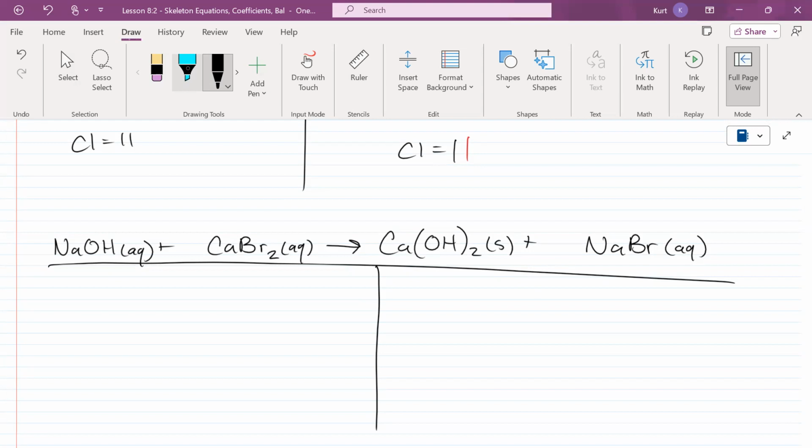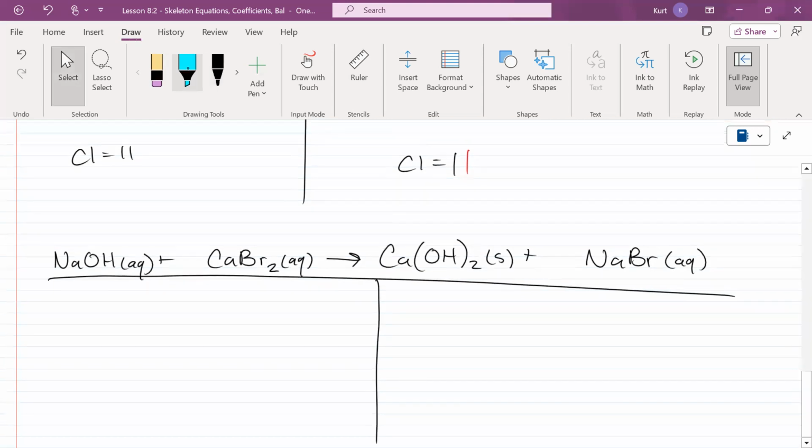I need you to first identify every element that you see on the reactant side and on the product side. So Trey, can you tell me all the elements that you see on both sides? Go ahead. Very good. Na. Go on. Just elements if they're on the periodic table.